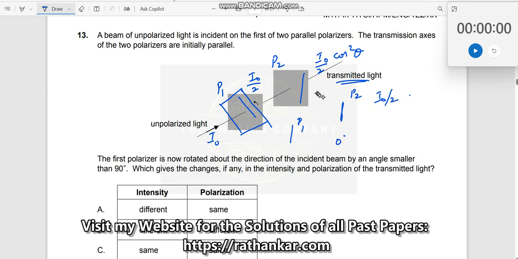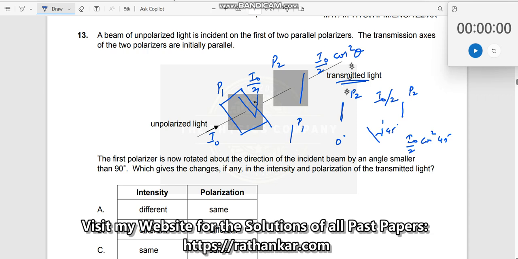Now I keep P2 like this, but only P1 I am rotating by a small angle. Which means the angle has changed. Say the angle has changed by 45 degrees, it can be anything, I am just giving 45 degrees. Then the intensity here would be I0 by 2 into cos squared of 45, which is different from whatever we have here.